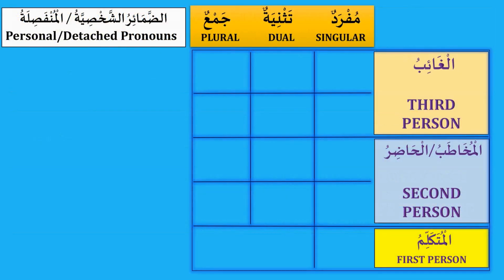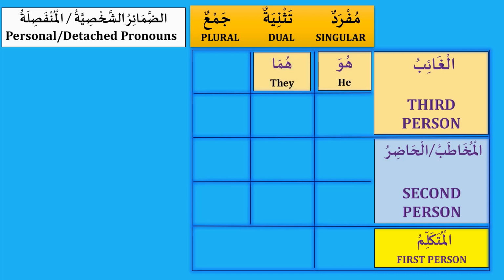Before we go to a verb table, we need to remember the pronouns. الضمائر الشخصية or المنفصلة, personal or detached pronouns. And we have third person, second person and first person categorized, and also we have singular, dual and plural pronouns. Huwa, he.